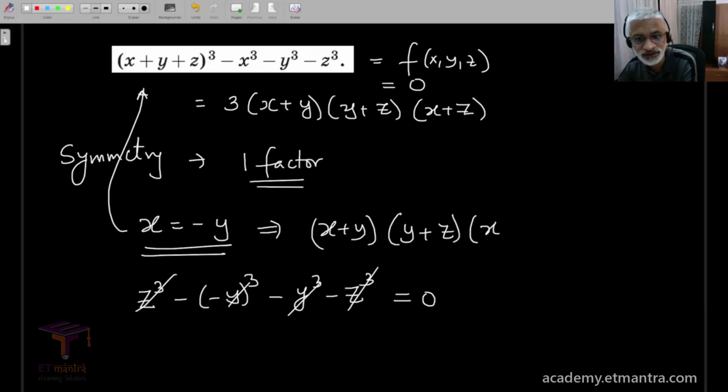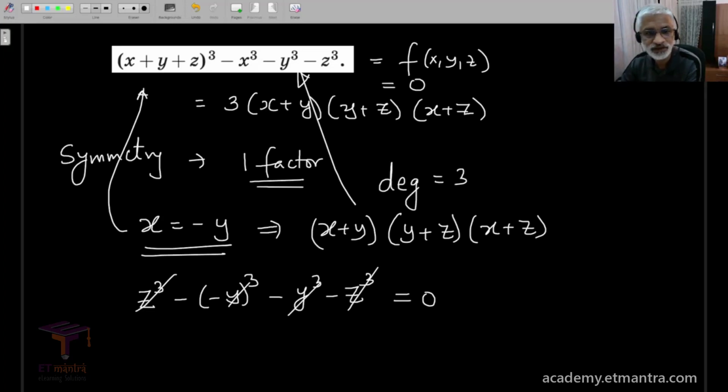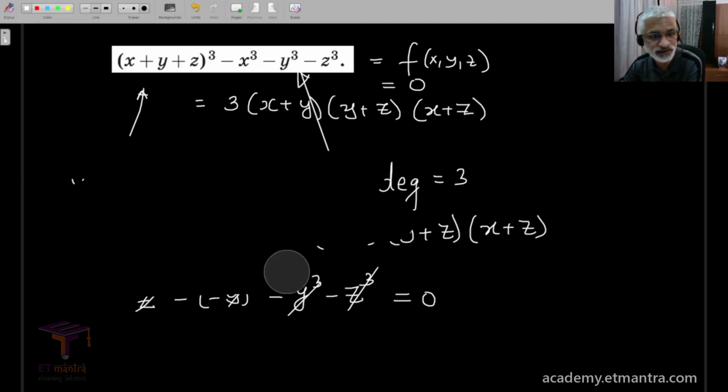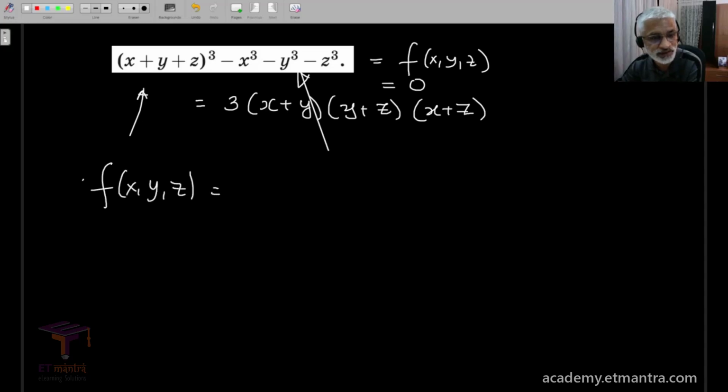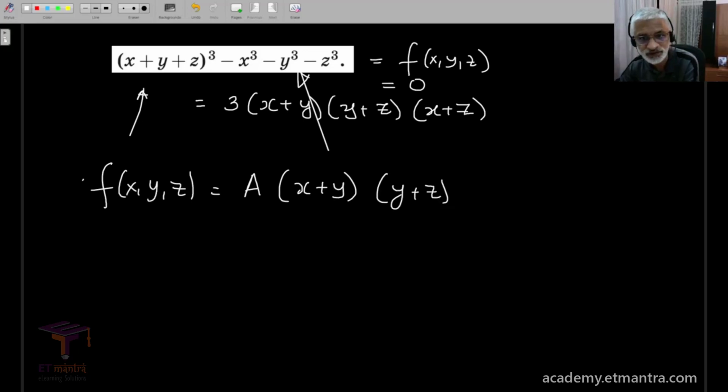And now that you have three factors and also the degree of the polynomial, the degree of this polynomial being 3, one need not look for more factors. So at this stage, what we know is the expression is likely to be some constant times, so I'm just going to write this here, you can expect that f of x, y, z will be some constant a times the three factors that we are pretty sure are the factors of the polynomial.